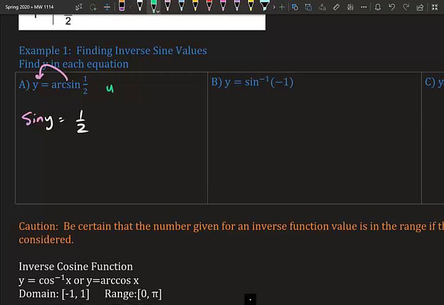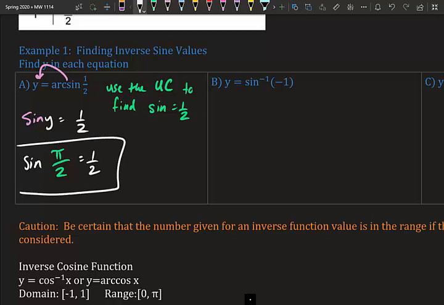So now we're going to use the unit circle, UC is unit circle, to find where sine equals 1/2. So if you go to the unit circle, you'll see that pi/6 gives sine equals 1/2.